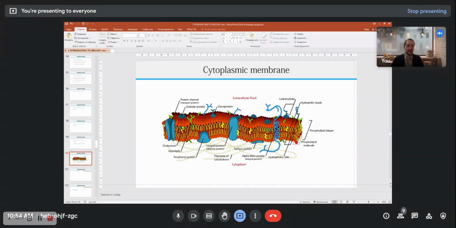It involves transfer of chemical compounds inside and outside, informational interaction between cells, and mechanical movement. So all functions that we highlighted for the cytoplasmic membrane can be packed into one concept: interaction between the cell and the extracellular environment.